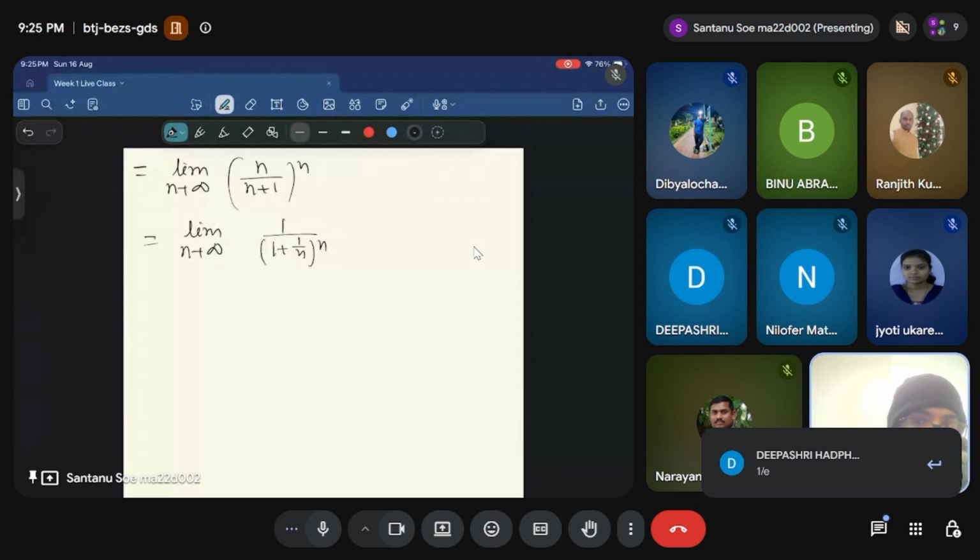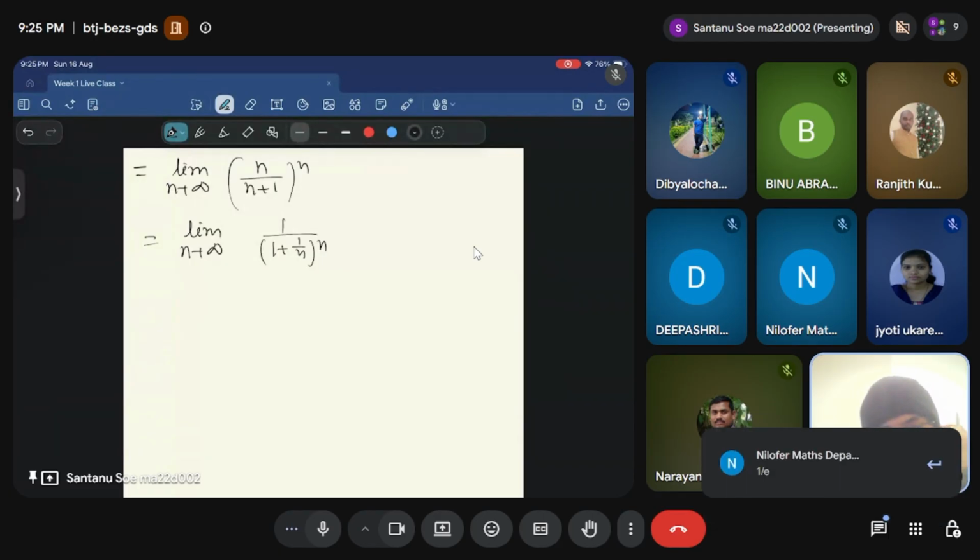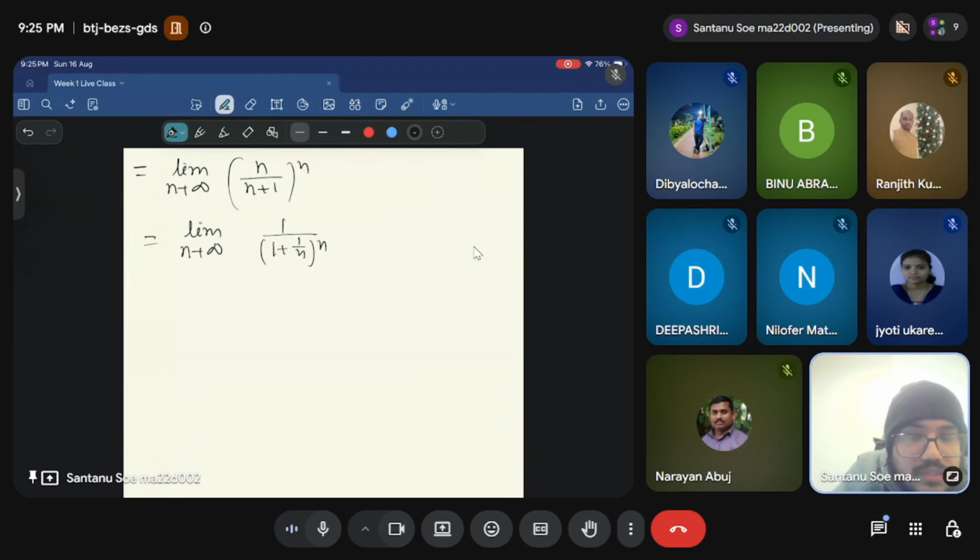Yes, so (1 plus 1 by n) to the power n converges to e. Yeah, the whole limit will be 1 by e, because the denominator will converge to e. So this is a very famous sequence that I want to connect, and you see that a lot of things can be connected here.